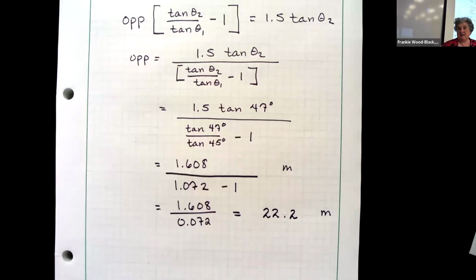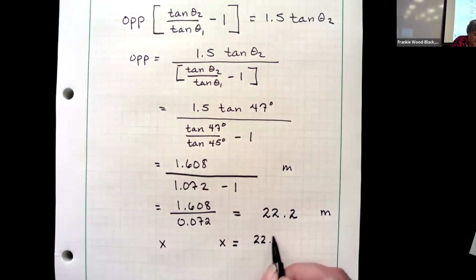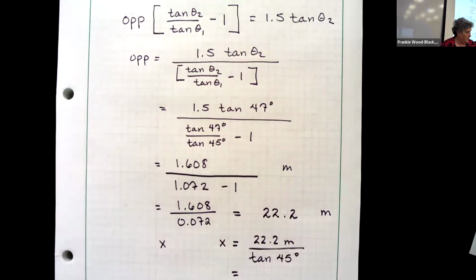But now we've got that calculated, and if I want to determine X, I now can solve for X. X is equal to my 22.2 meters divided by the tangent of 45 degrees. And so we can figure out how far away we are from the building.